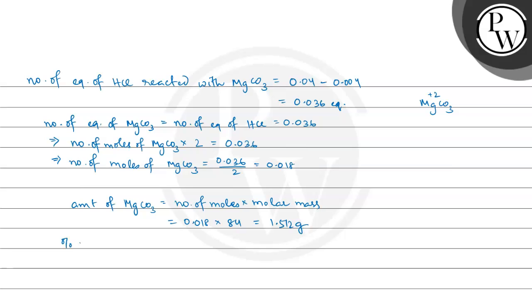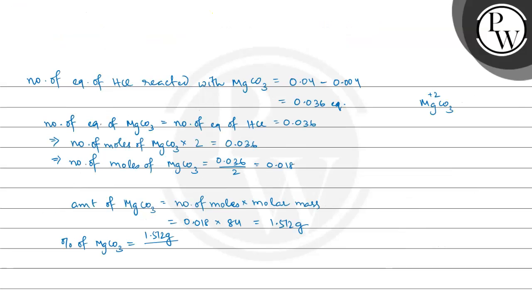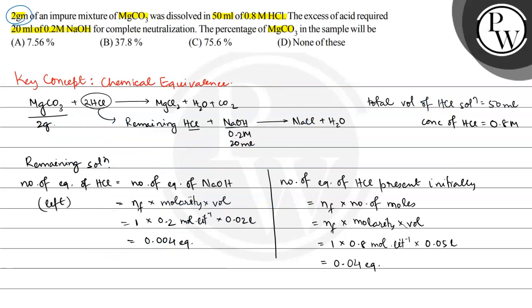And the percentage of MgCO3 is equal to the amount of MgCO3, that is 1.512 grams, divided by the total mass of sample, and the total mass of sample given is 2 grams. So 1.512 divided by 2 multiplied by 100, and this value is equal to 75.6%. Right? So the percentage of MgCO3 is 75.6%, which is correctly given in option number C. So our final answer is option number C. This is the required solution, and I hope you understood the concept well. All the best.